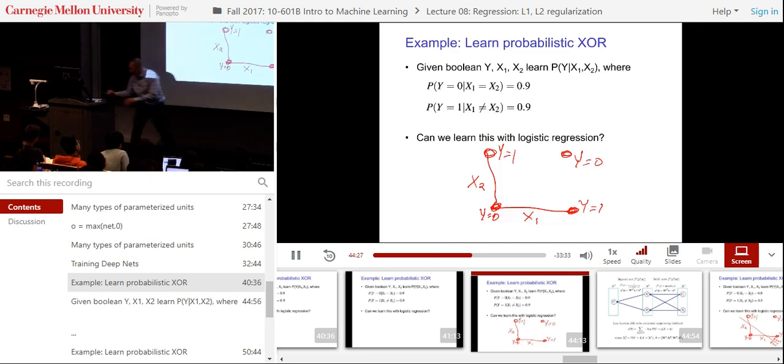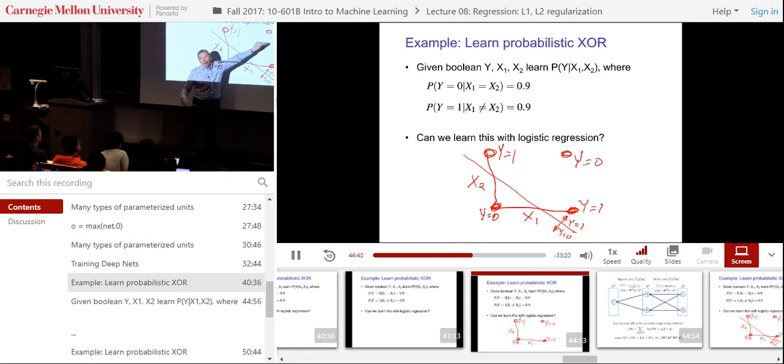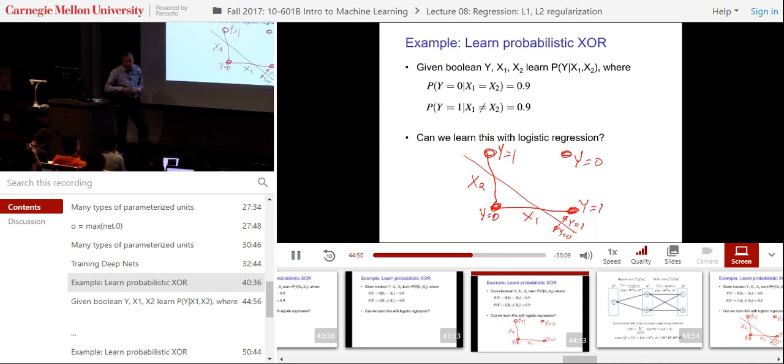I could try this and say, on this side I'm going to say y equals 0, and on this side I'm going to say y equals 1, but that won't really work because it'll get these two right, but it'll get that one wrong. So there's no way to actually put a linear decision surface in here and do the right thing. All right, so that's our problem.